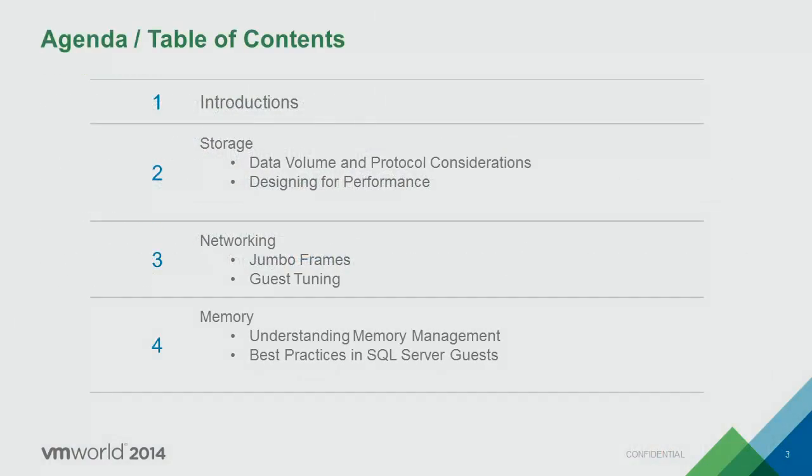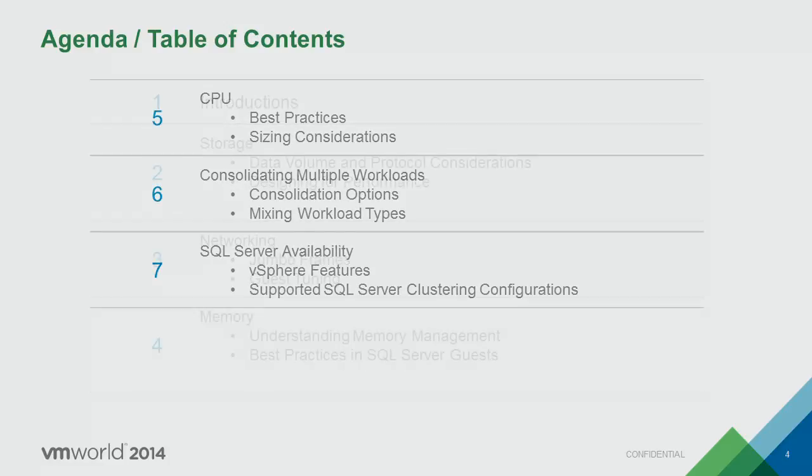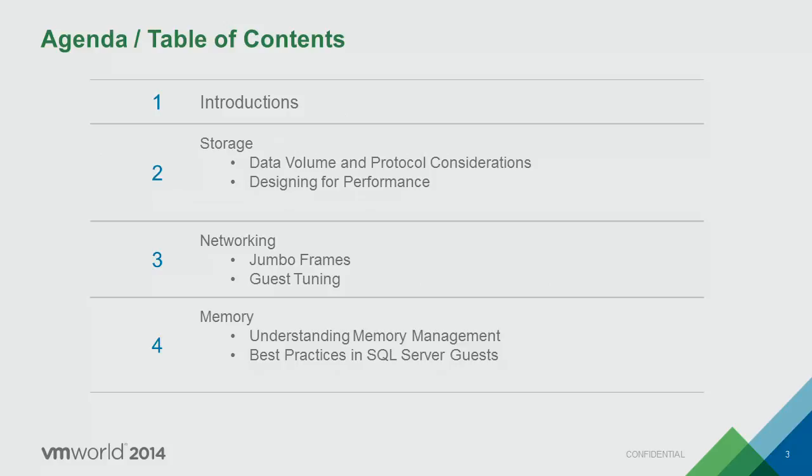All right, let's go through the agenda, and then we'll get started right away. There are no architecture slides in here. This is all technical. We'll start right away with storage, talk about data volume and protocol considerations and designing for performance. Networking, we'll talk about things like jumbo frames and tuning the SQL Server guest. Memory: a few slides on how ESXi does memory management.